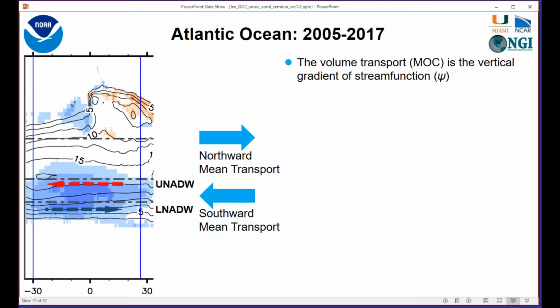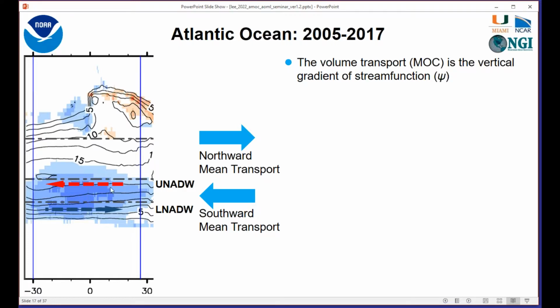Here you see that this anomaly is really focused on the southward return flow. The mean flow is southward here, and in the upper part the mean flow is a northward transport, right? And then the anomaly is really here over the southward return flow, so it has very little impact for this part. You remember that the vertical gradient is the transport.